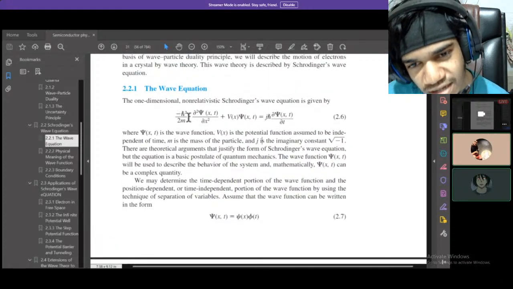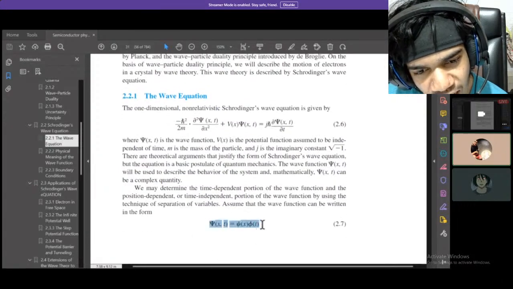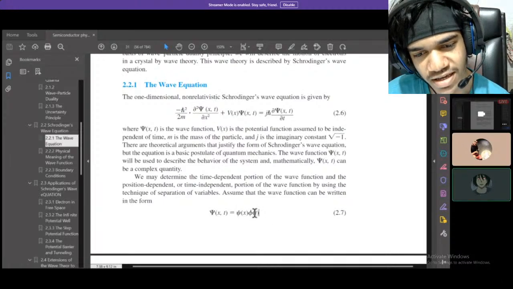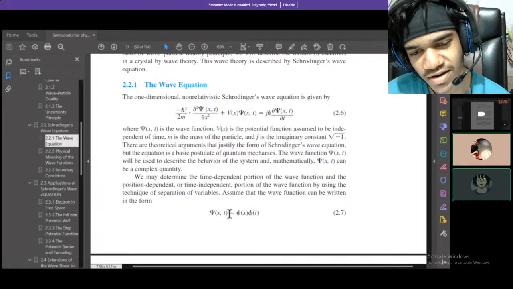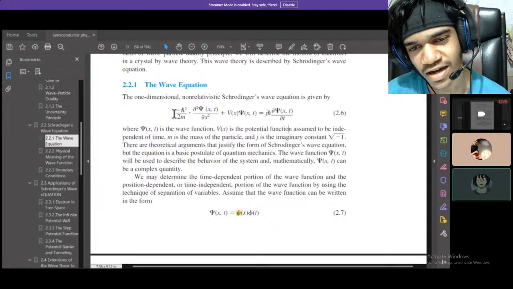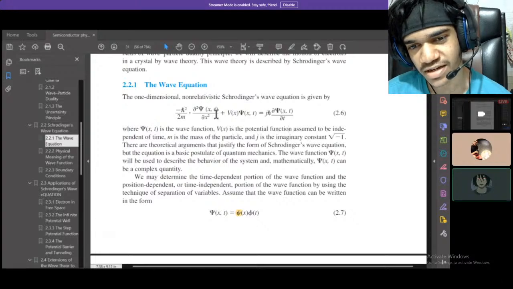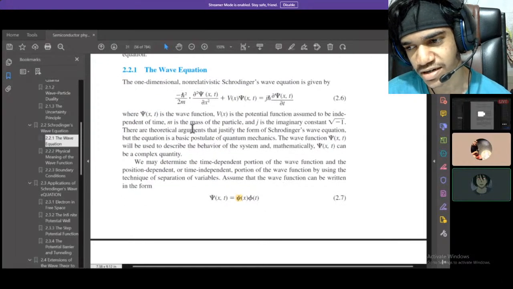No, this is the same form, both forms are the same. You know this form.